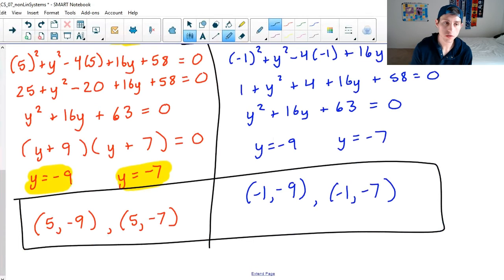So I have 4 solutions for this particular problem. And that actually makes sense.